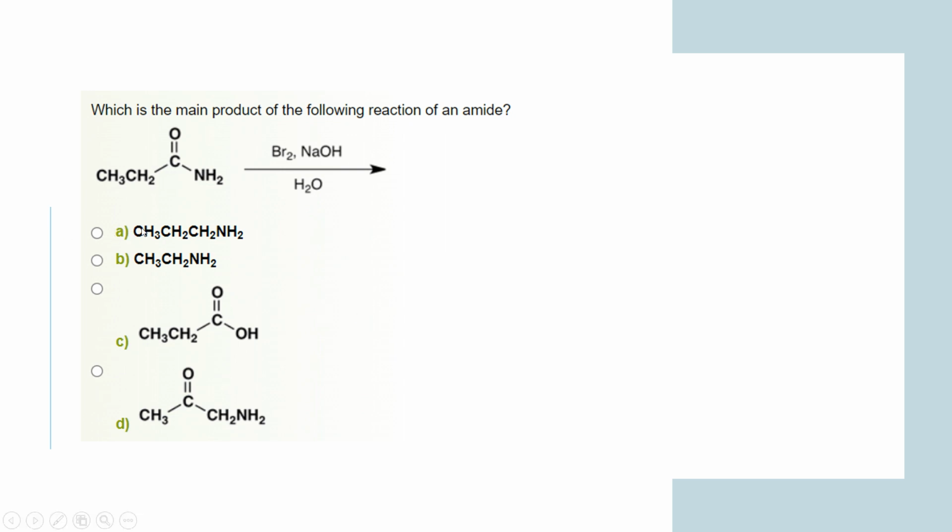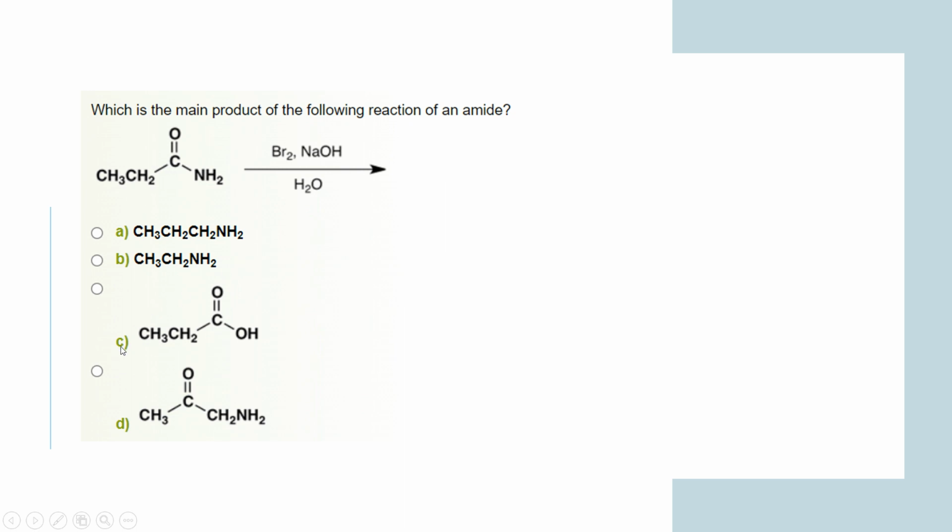And in option A, if you talk about the change, you just have to change this CO into CH2 for option A. And for option B, one carbon is less than the substrate.